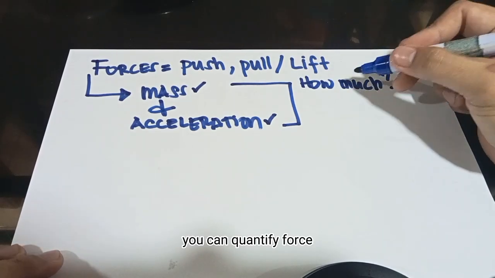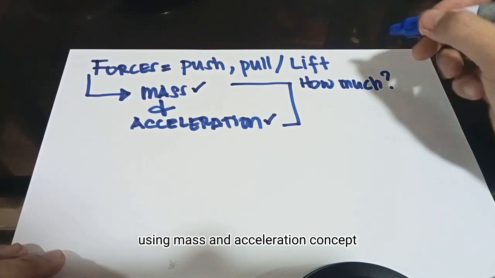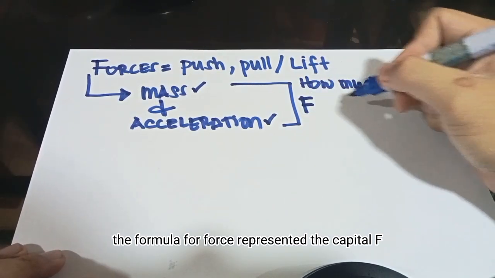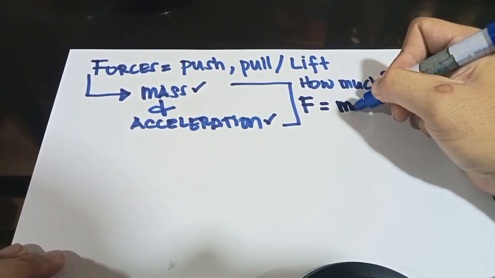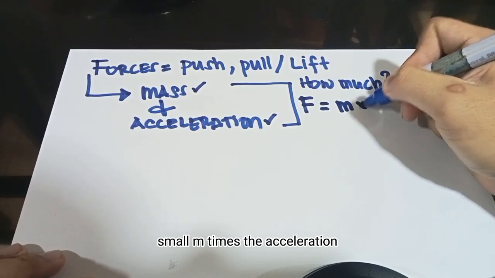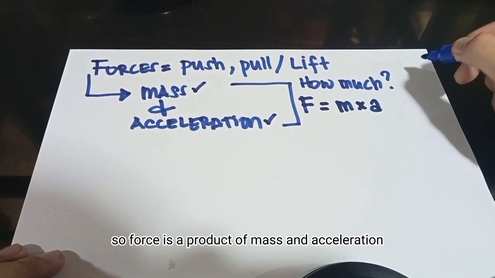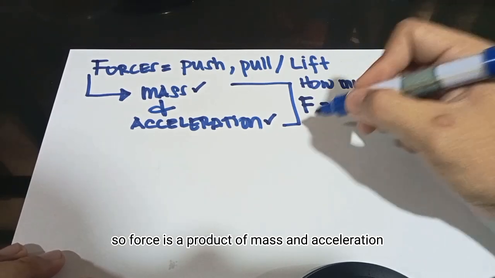You can quantify force using the mass and acceleration concept. The formula for force, represented by capital F, is equal to mass, small m, times the acceleration. So force is a product of mass and acceleration.